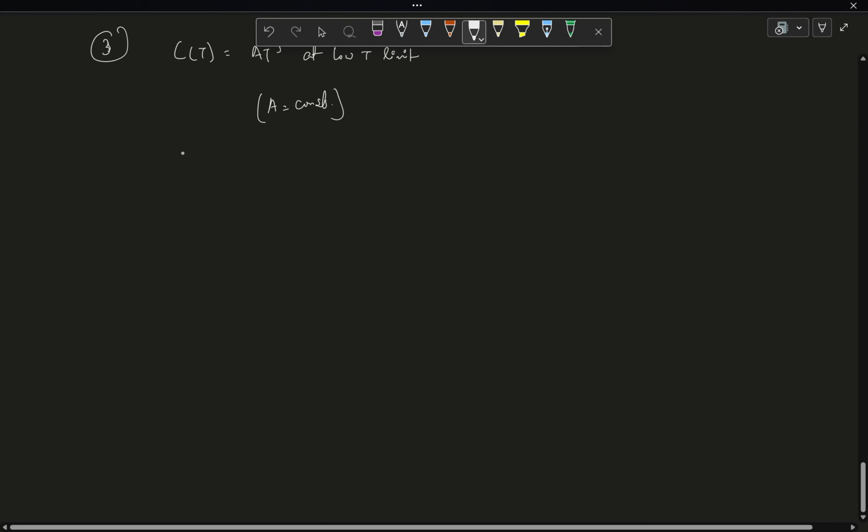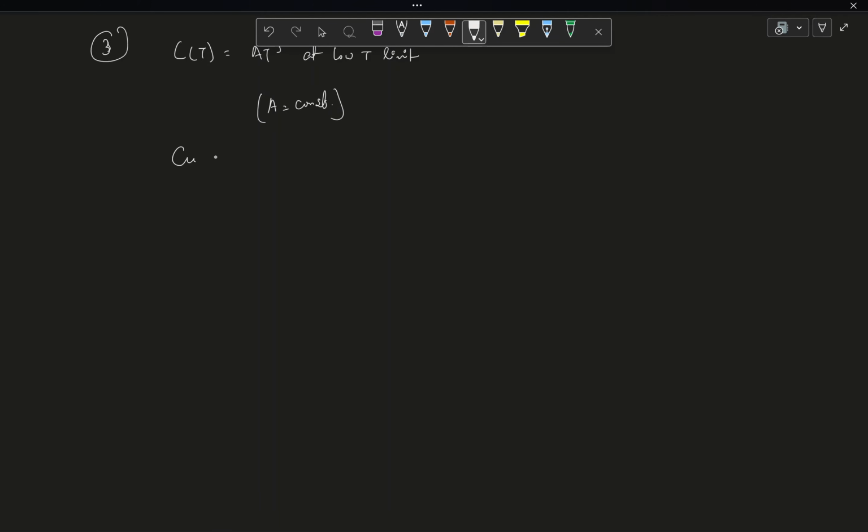Okay, and the material is, I think, copper, right? So copper, and the mass is given as 10 gram, which if you convert to SI is just 10 into 10 to the power minus 3 kg, right?